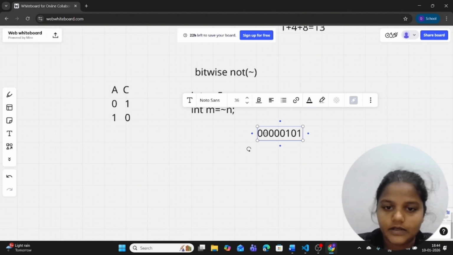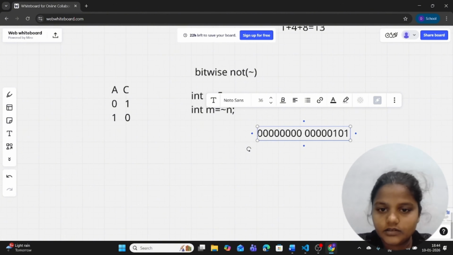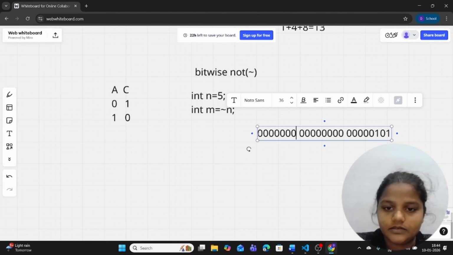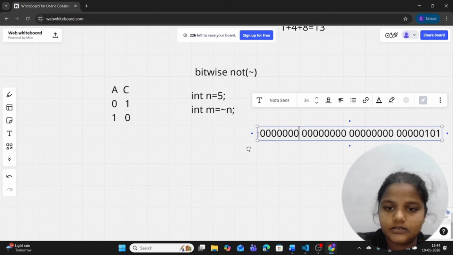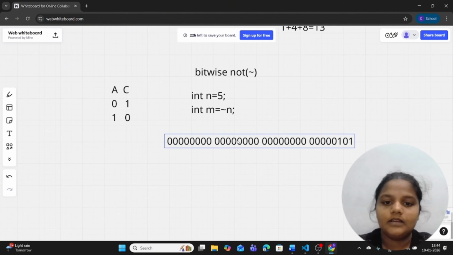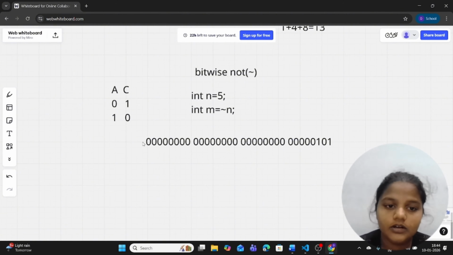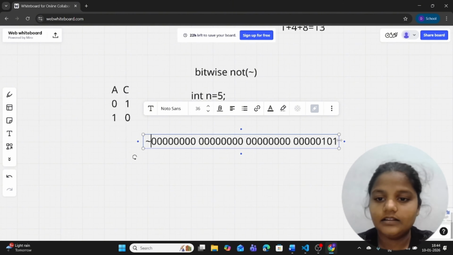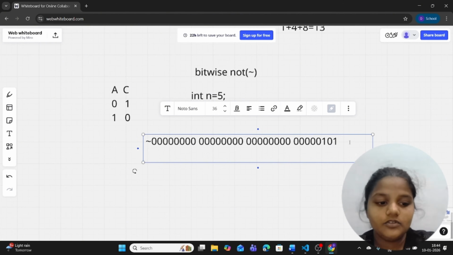So it will look like this, our 5 binary value, with leading zeros filling the 32 bits. Then if we do NOT of this binary value, 0 becomes 1, right?